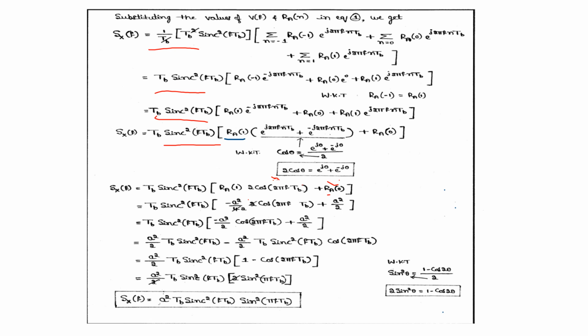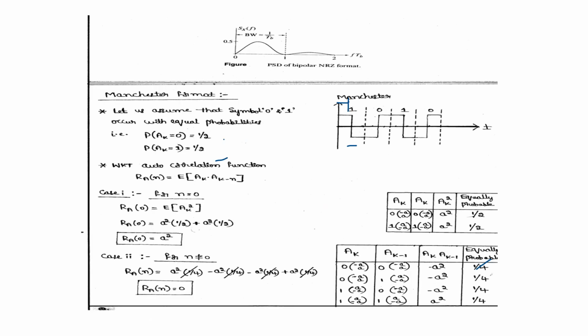So finally we are going to retrieve S of f as A square TB sinc square of f TB and sine square of f TB. Okay, we are going to get two functions here: one is the sinc square of f TB, the other one is sine square of f TB. So this is going to be the spectrum for bipolar non-return to zero.